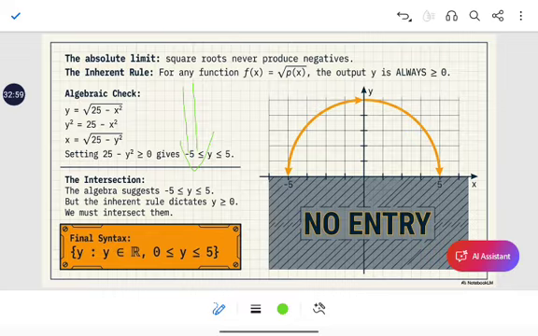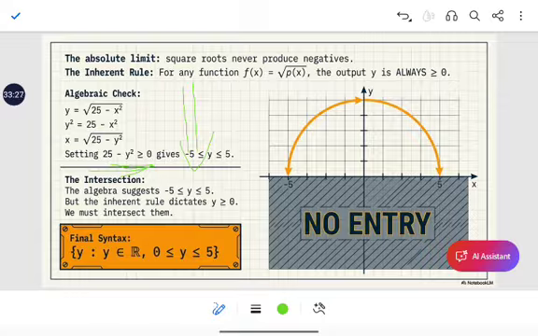So we are saying that for all values of y, y is between or is from -5 to +5.